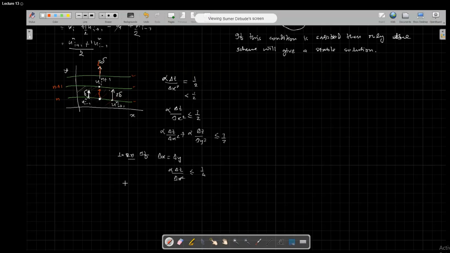Suppose a 3D problem is there. In 3D, if delta x equals delta y equals delta z, then one more term will add up.